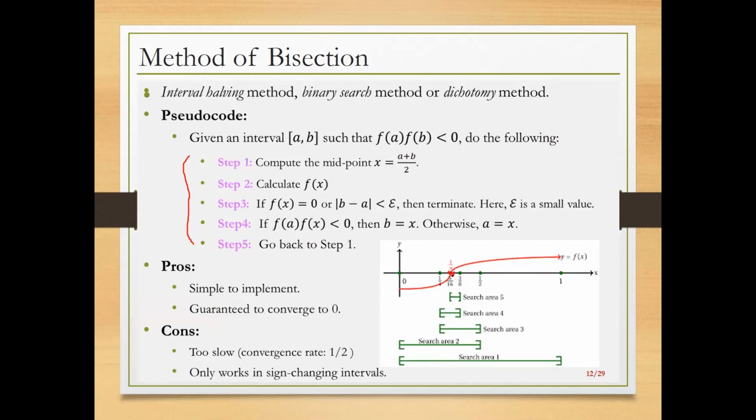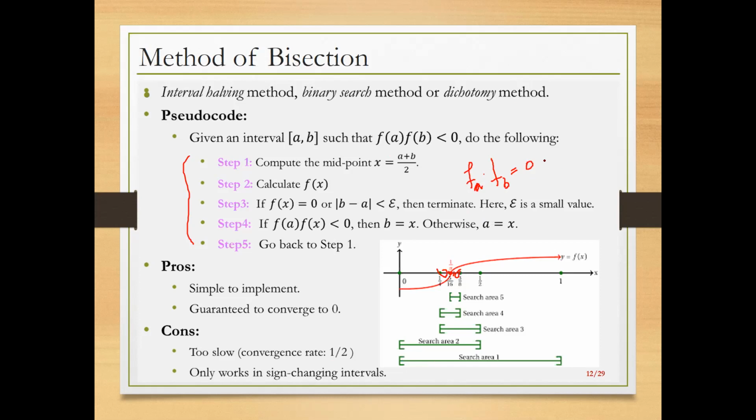It depends on how precise you want your solution to be. So the case would be if f of a times f of b is equal to 0, that's when you have found, or you're very close to the root, and that's when you stop your computation.